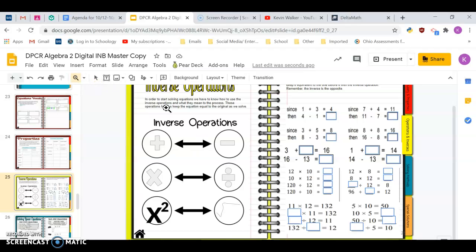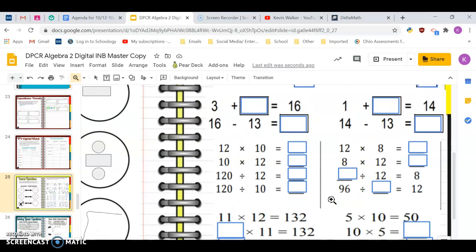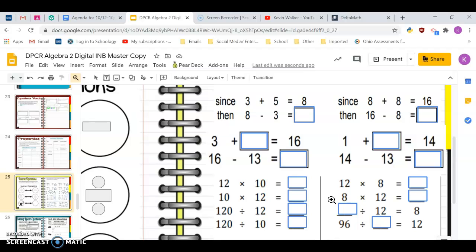Now that we got this done, over here to the left, we have some practice involving them. I'm going to do two examples, these two up here and these two down here, and you are going to fill in the remaining ones. Since 3 plus 5 equals 8, that means that 8 minus 3 equals 5.